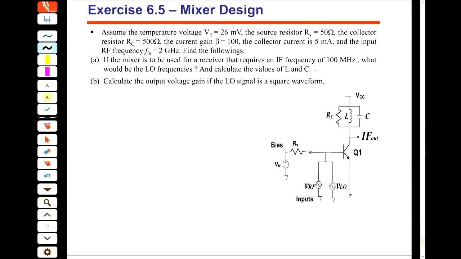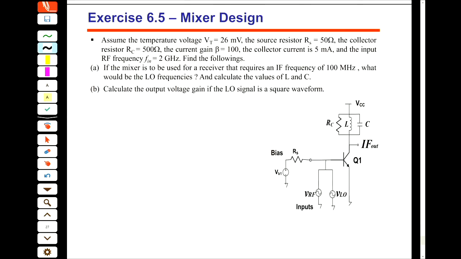So in the last question, we apply the VRF and VLO, both of them, to the base of this transistor. Okay?